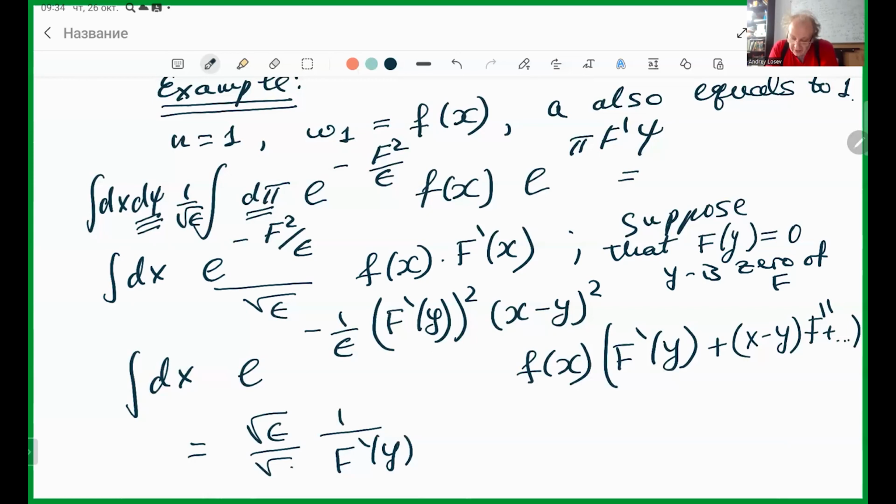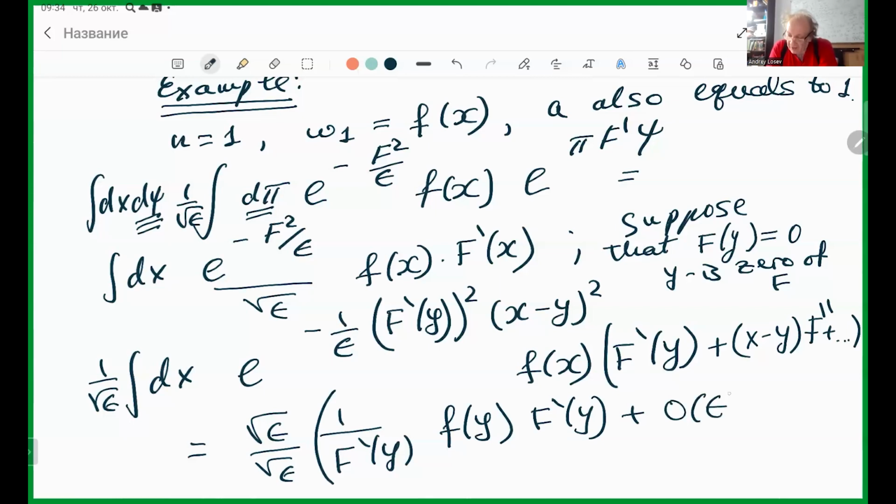I also had this square root of epsilon that I forgot here. I have f of y, f prime of y, plus O of epsilon terms. It gives me f of y.